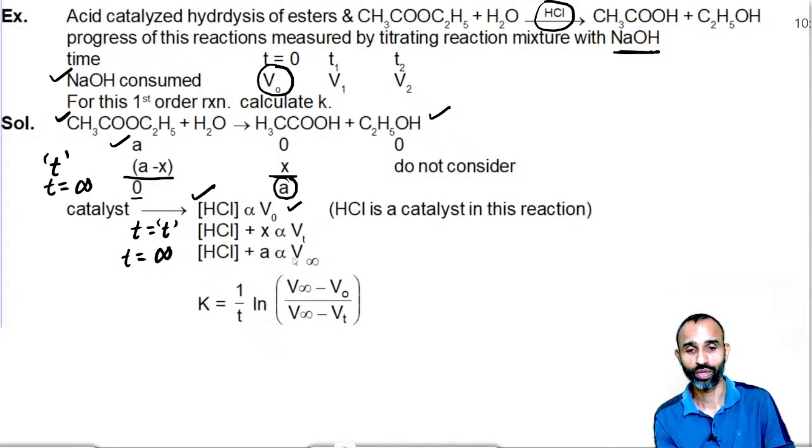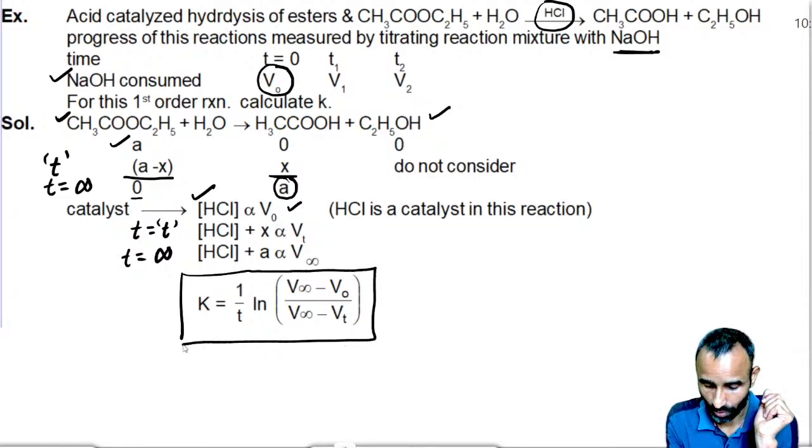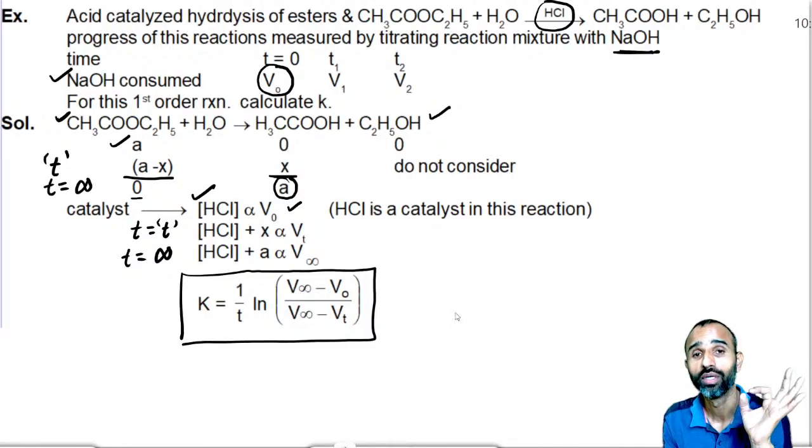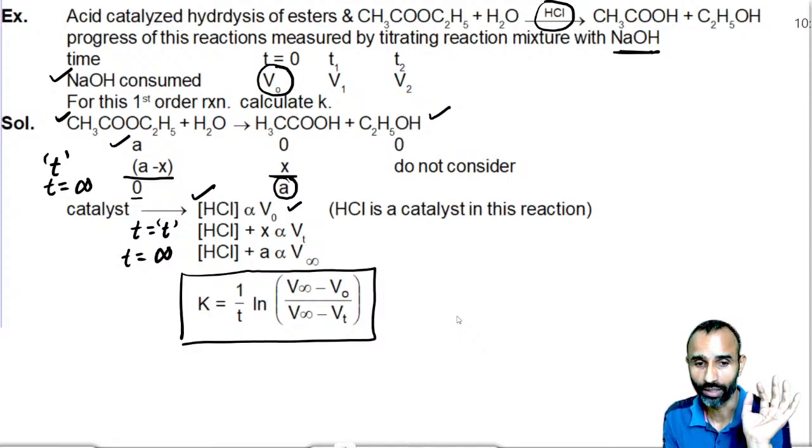And in this way we can use this expression, again the same expression, 1 upon t natural log of V infinity minus V naught upon V infinity minus Vt.